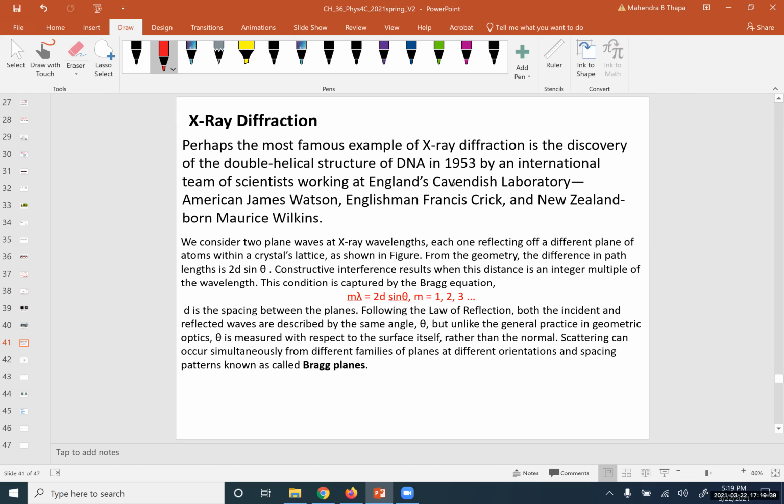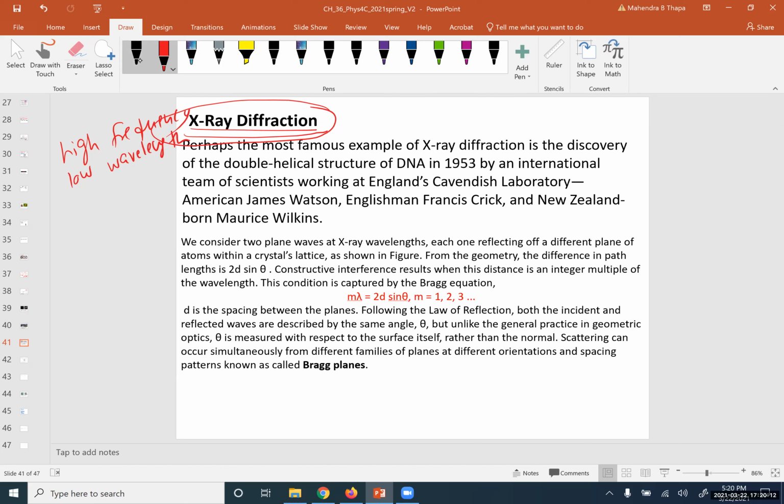Based on that, we can move further to the topic of X-ray diffraction. This diffraction basically tells you that instead of light, we are taking X-rays because they have high frequency and comparatively low wavelength.